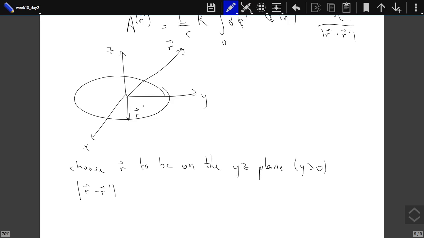It will be kind of easier for me. In Cartesian coordinates, the x component of the r vector is 0. The y component of the r vector is just r. Remember, r is not the radial component, it's not the distance from the origin, but it's the distance from the z-axis. That r point is on the yz plane, so the y coordinate is already r. And the z component is z.